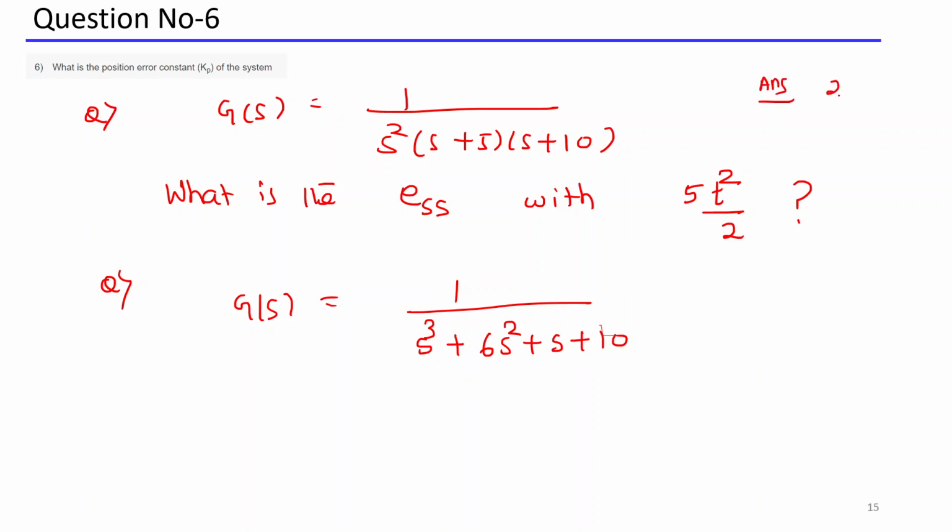One person is saying 250. This is the standard formula with the input a t square by 2, so a you can take as 5. It's a parabolic input, so you find 5 divided by 1 by 50. So it will be 250.